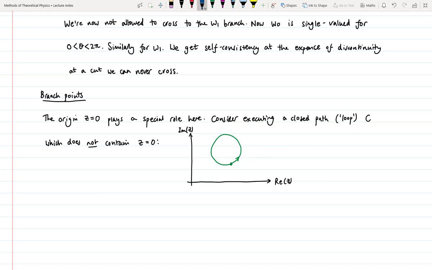We can think about the angle in the complex plane where we start. By tracking the line connecting the point on this closed loop and the origin, as we traverse around, we can see that the maximum value of the angle is going to be reached up here. And by the time we get back to our starting point, the angle is the same as it was at the beginning. I'll note that we start and end here.